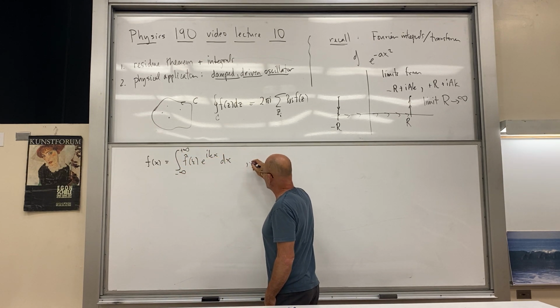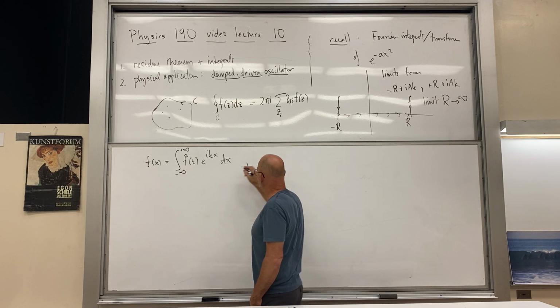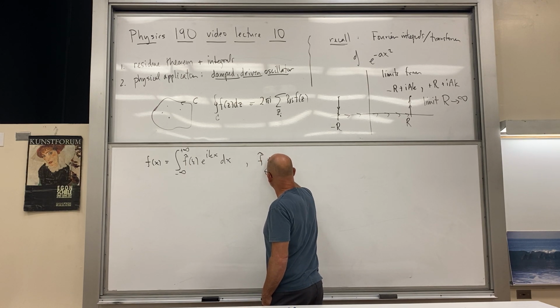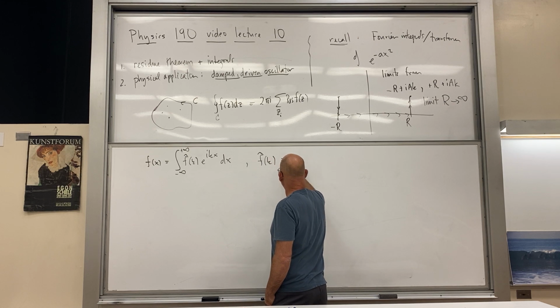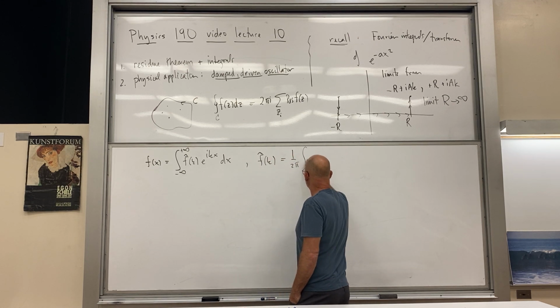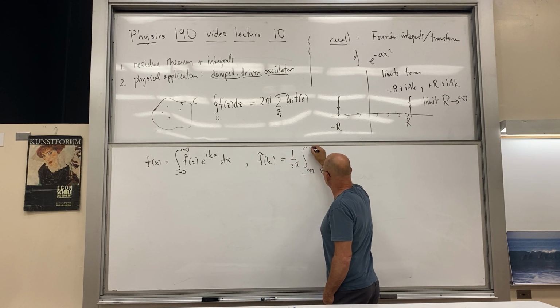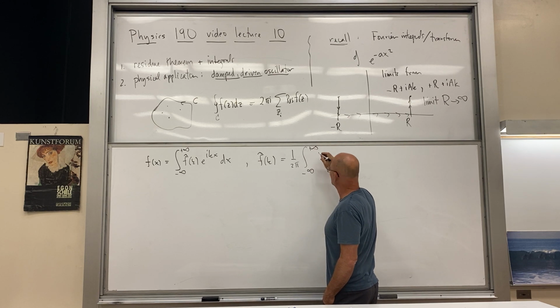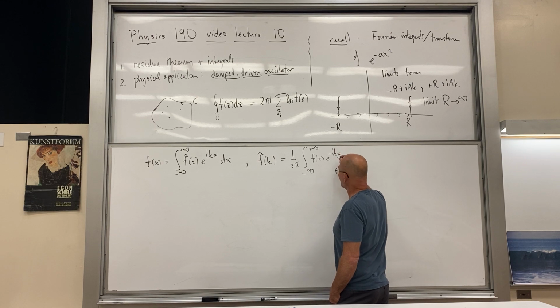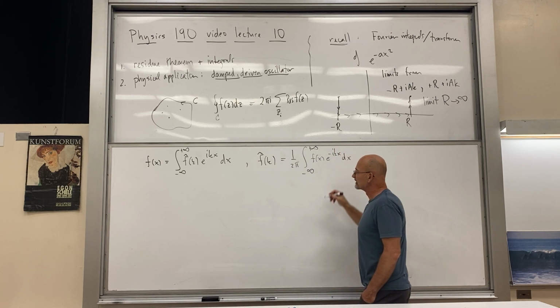And then the Fourier transform, which is this f hat of k, is given by this reciprocal formula, 1 over 2 pi, integral from minus infinity to plus infinity of f of x e to the minus ikx dx.